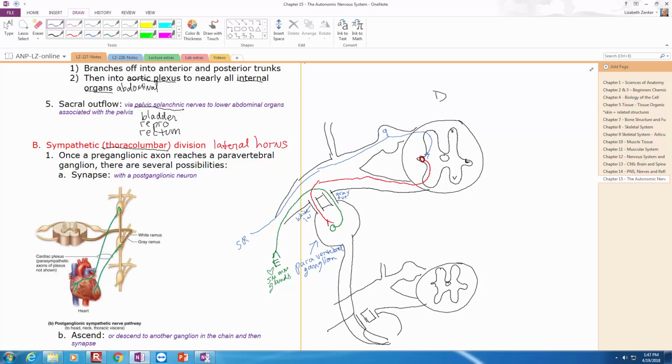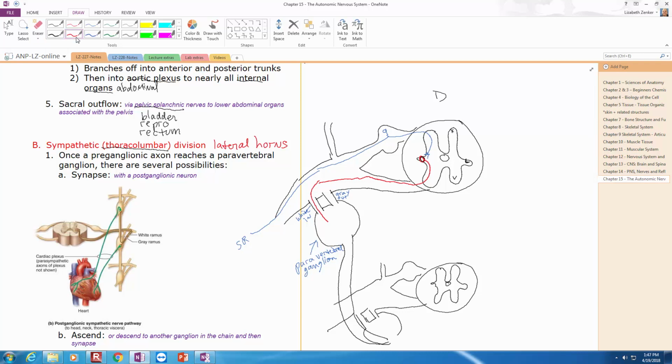So it literally might just go up a segment or two and then decide that it's going to, so what will happen, I'm going to erase my green one. Oh, helps if I actually erase it. So I'll erase this guy, and instead of the synapse right there, I'm going to continue with the red.